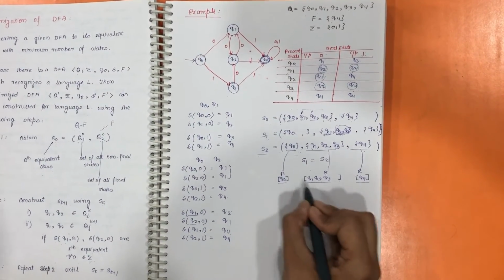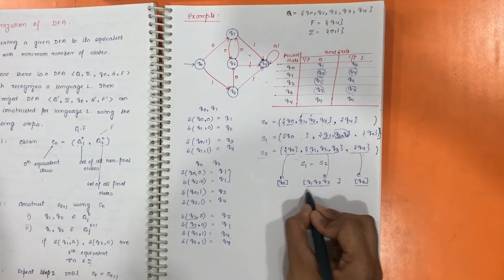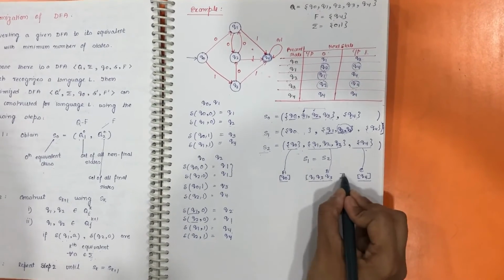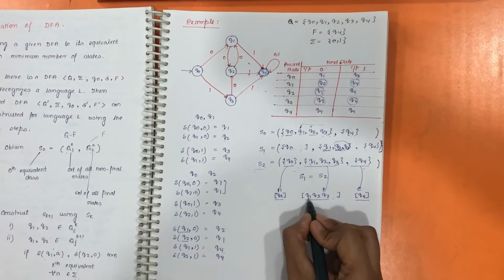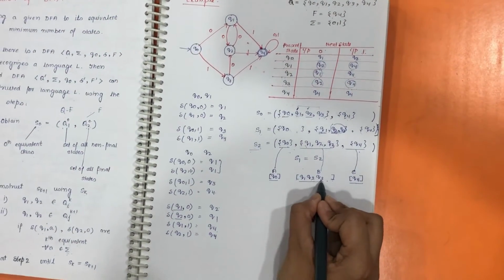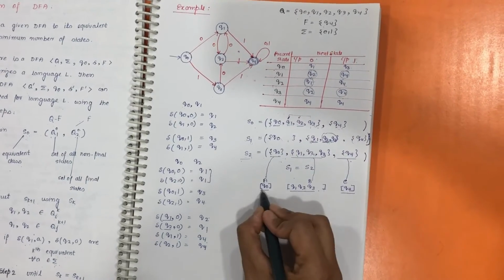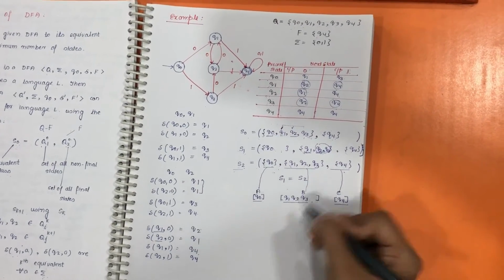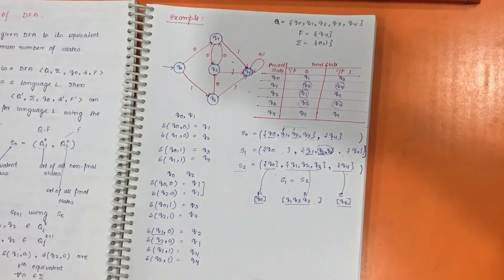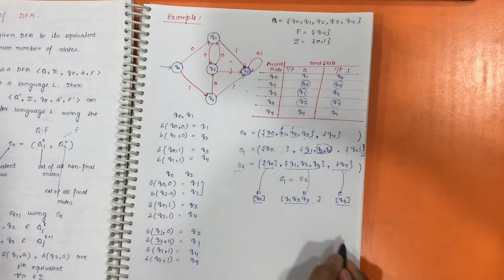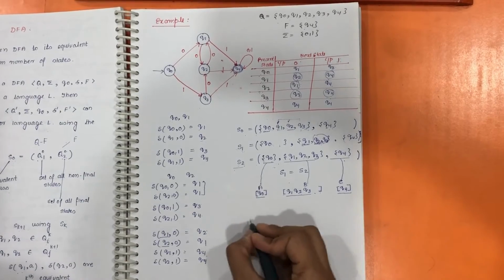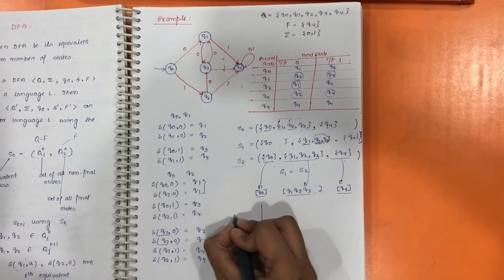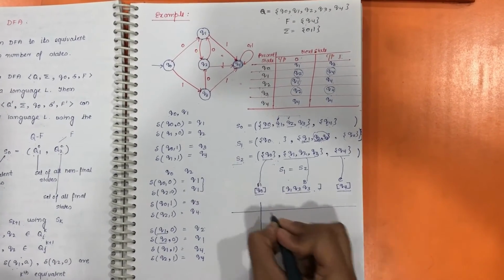So we can say in the minimized DFA, suppose one state is this one, and this state of the minimized DFA is comprised of three states, Q1, Q2 and Q3 of the original DFA. So after seeing the state name only, we can easily answer what the composition of these states is, how they are composed.